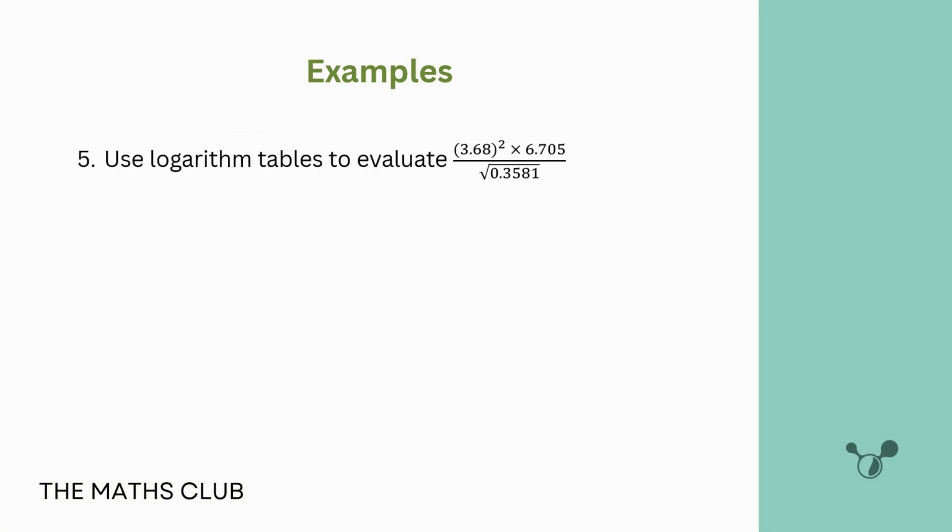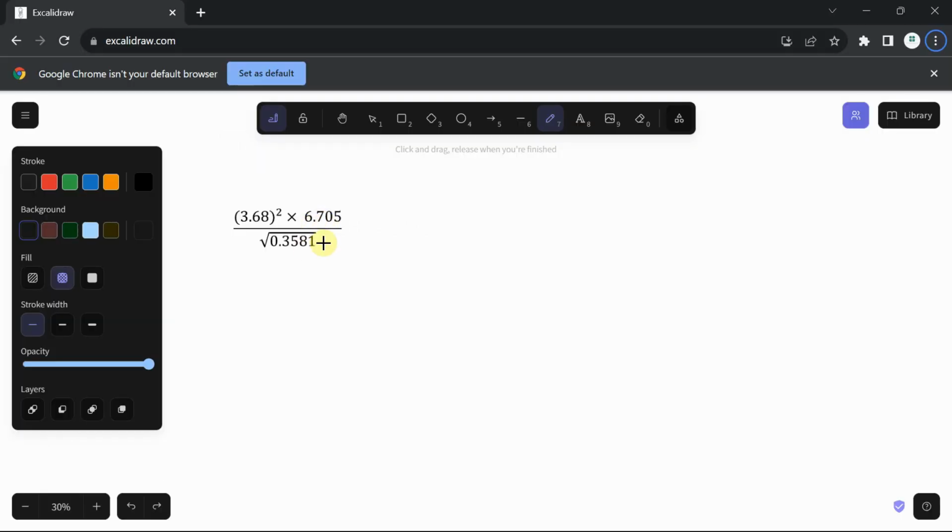So the next question is saying that we should use logarithm table to evaluate 3.68 squared times 6.705 divided by the square root of 0.3581. I can rewrite this as 3.68 all squared times 6.705 divided by 0.3581 all raised to the power of 1/2.